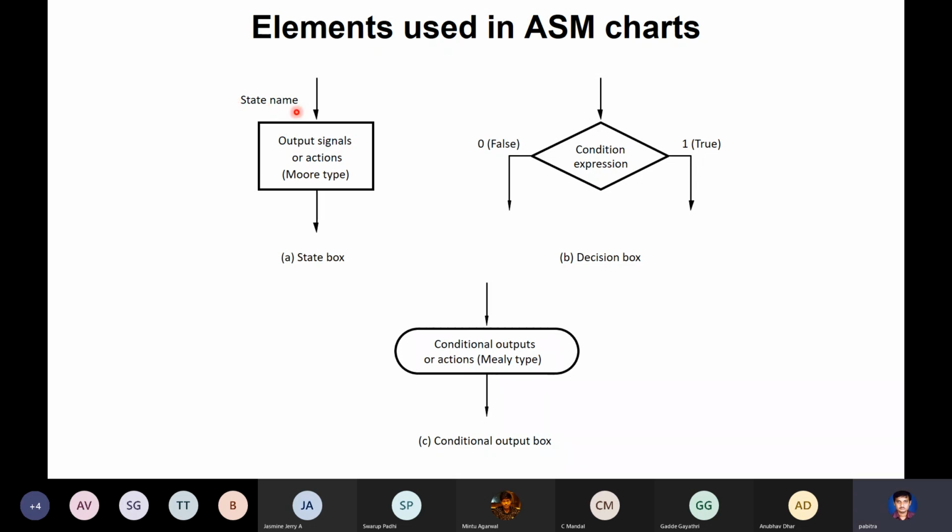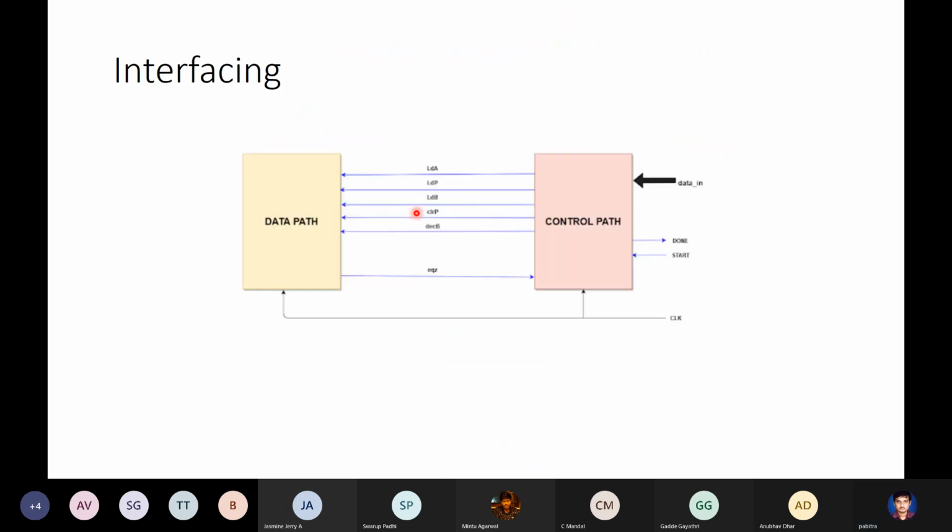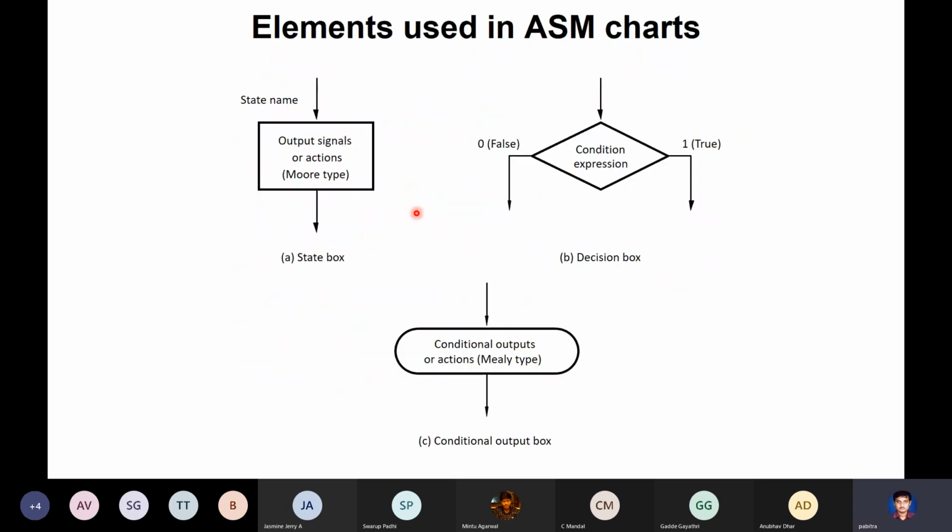And inside the box, you have the output signal. Remember, everywhere we are sending some output signals. You have the output signal that is produced when you are in this state. So you can imagine that this is just a Moore type, because at every state you are producing an output. So it's a Moore type output.